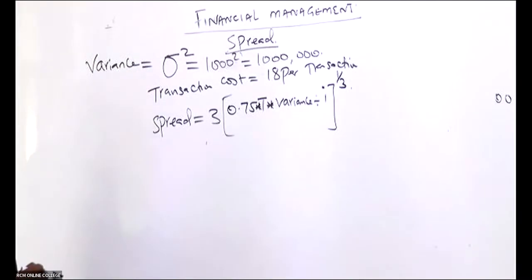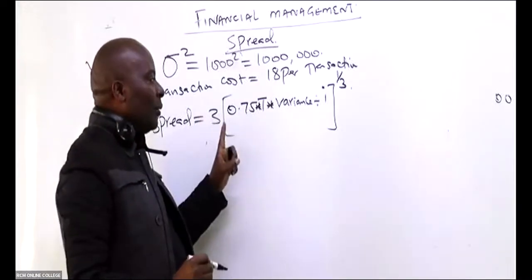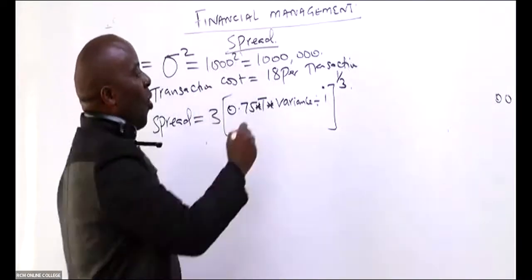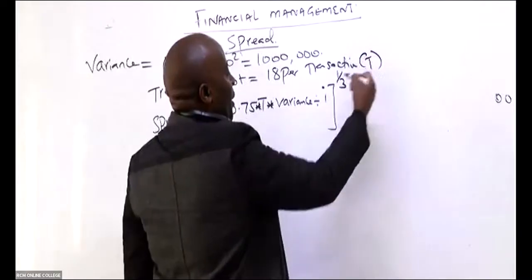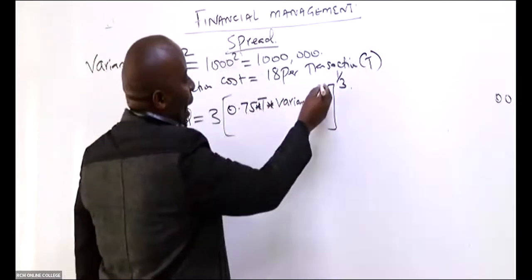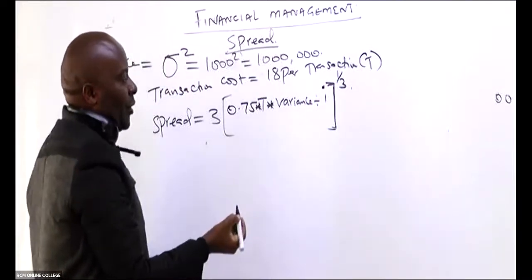So to get the spread, you take 3, and then inside here, you take 0.75 times this transaction cost, which we call T, times the variance divided by capital I, where capital I is the daily interest rate.